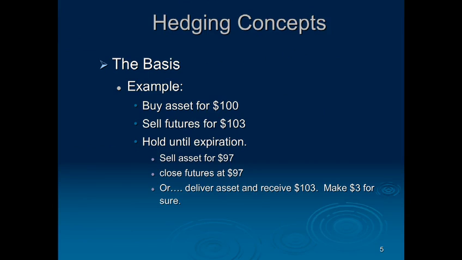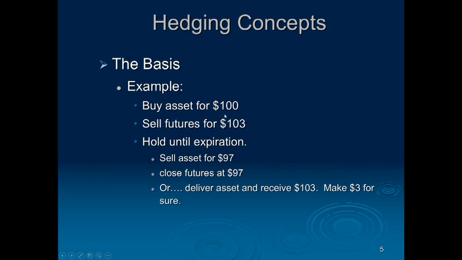Let's look at an example. I buy a stock today, a spot, should I say an asset? It doesn't have to be a stock, it can be a bond, whatever, it doesn't make any difference. I buy any type of asset today, and I pay $100 for it. I also go short on a futures contract for the asset so that I will be able to make $103 at the time of termination.